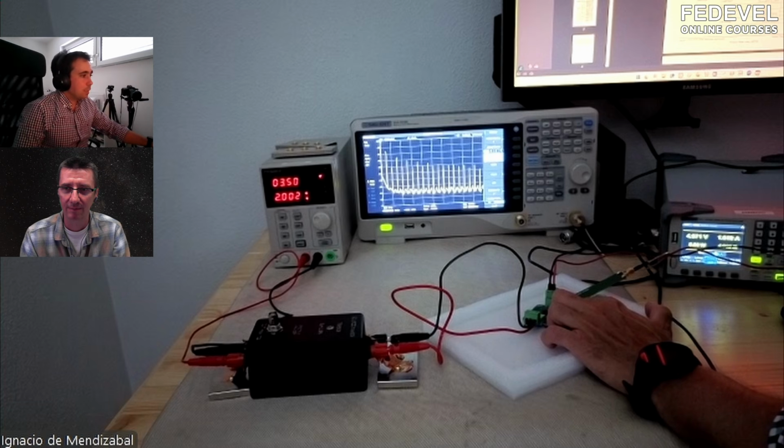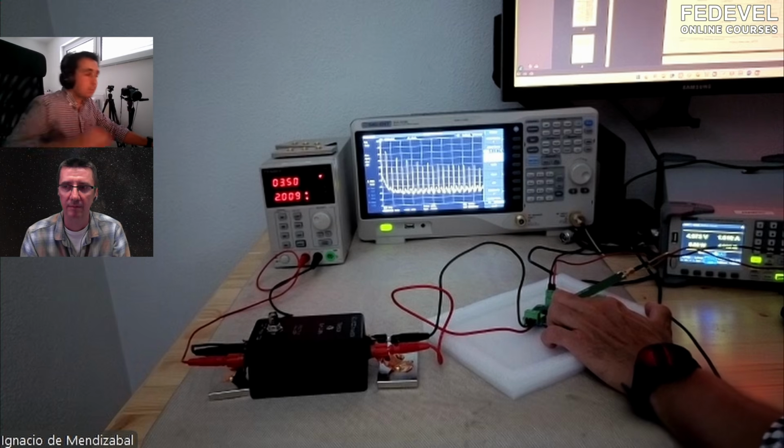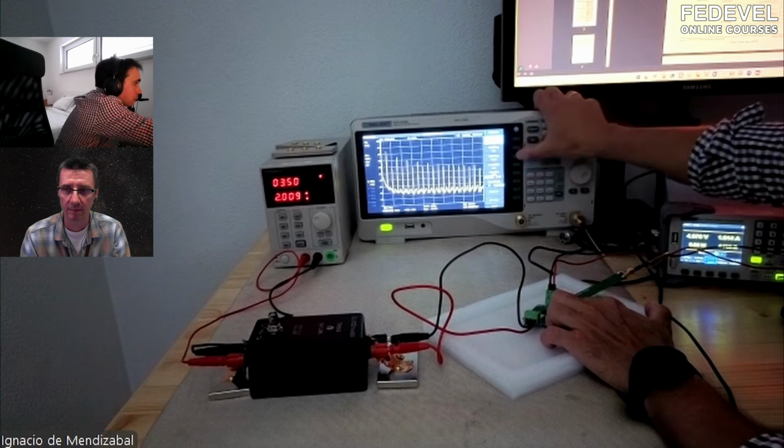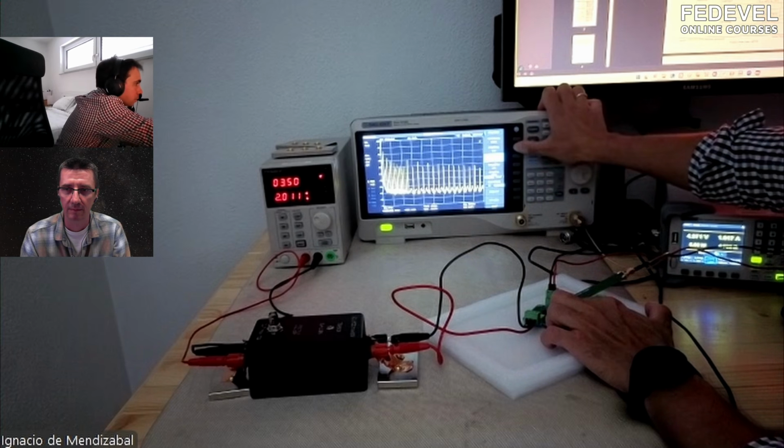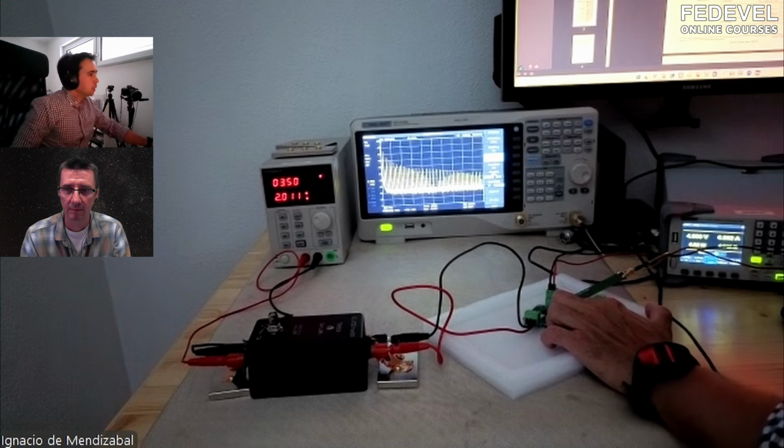One thing that is very interesting is to see how far it goes. Here we have started from 0 to 10. In reality, the conducted emissions test starts at 150 kilohertz and goes up to 30 mega. So let's see what happened there.